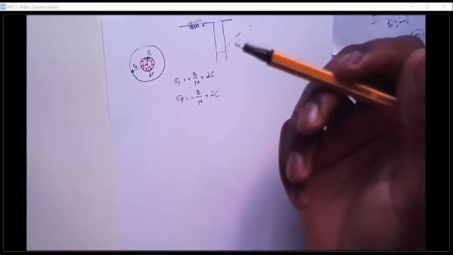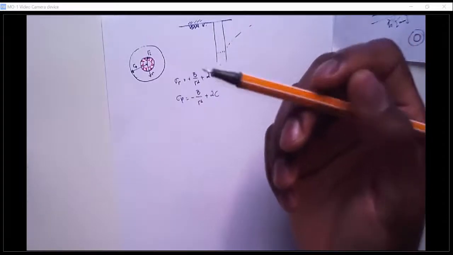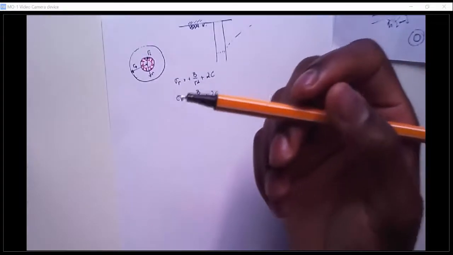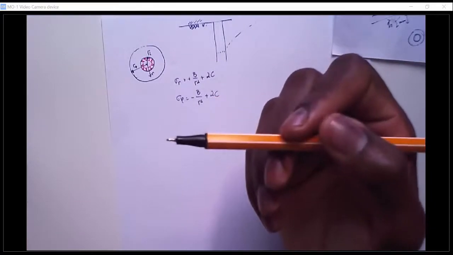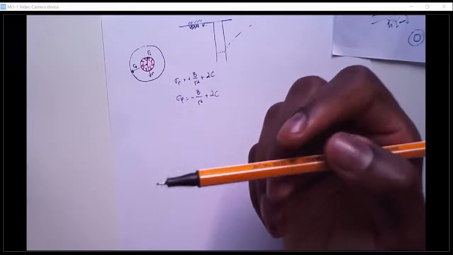We're going to use the boundary conditions again. What do we know?